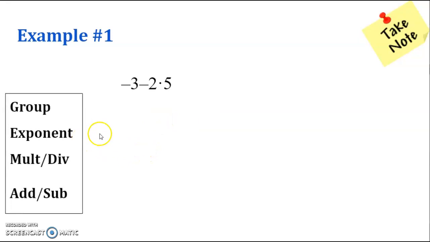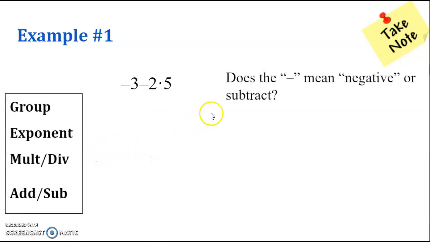Well, let's consider both scenarios. Does this negative sign mean negative or subtract? We know that is definitely -3 because this cannot be subtract 3. If you are using subtraction, you need to be subtracting from something, some number. So this has to be a -3. That's not in question. And that number is 5, which we are multiplying by whatever this number is.